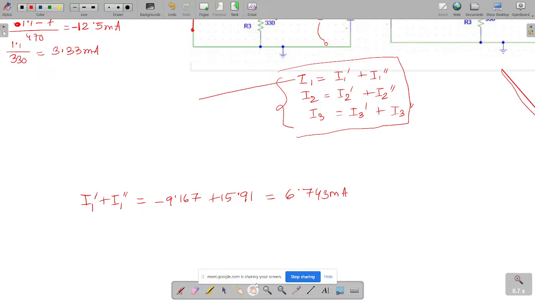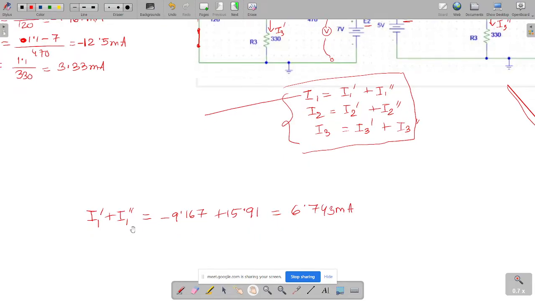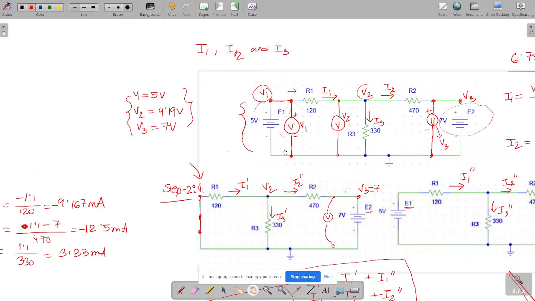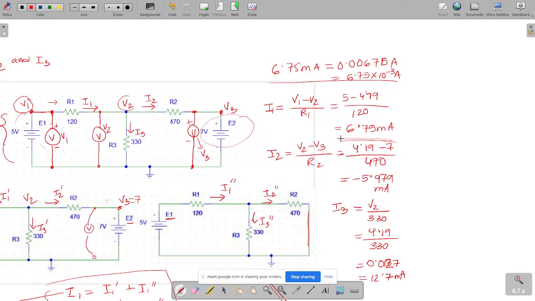Okay, so now please observe one thing. Observe if this summation, that is 6.74, is equal to I1, the value of the current I1 that we found in circuit 1. So what was the value of I1 in circuit 1? It was about 6.75 milliampere.